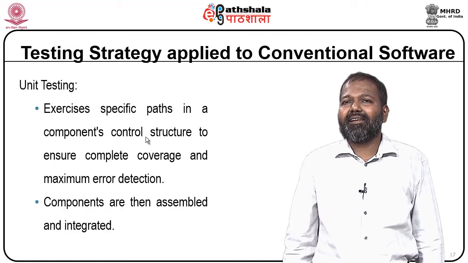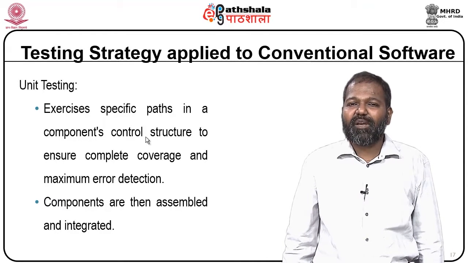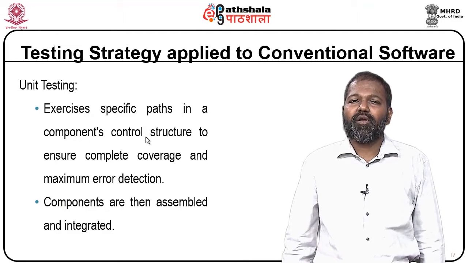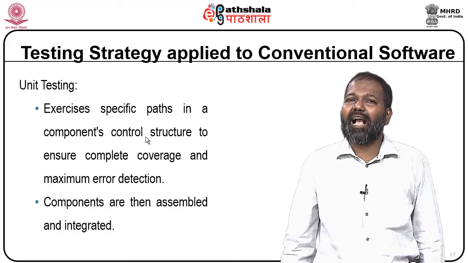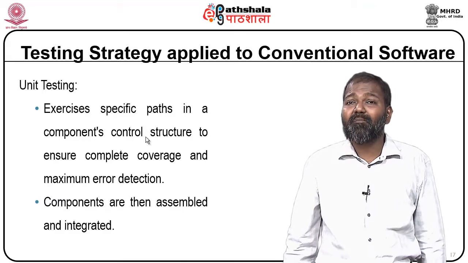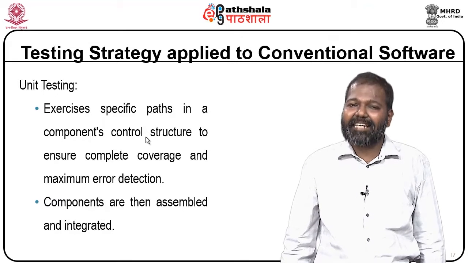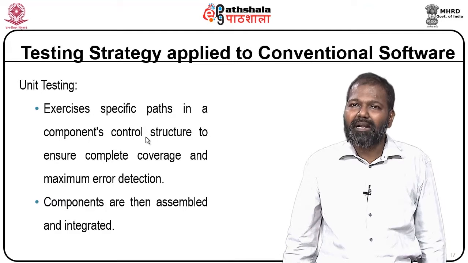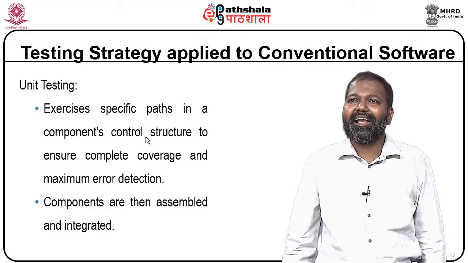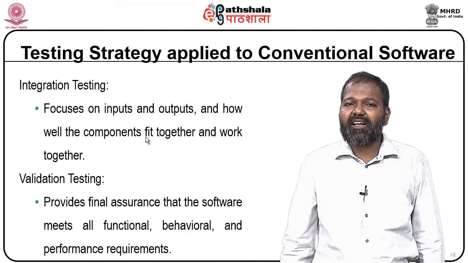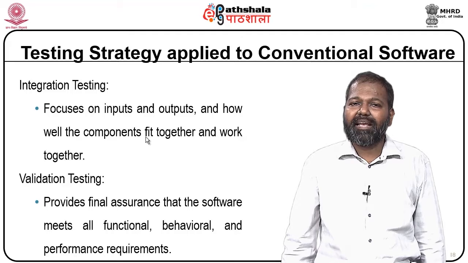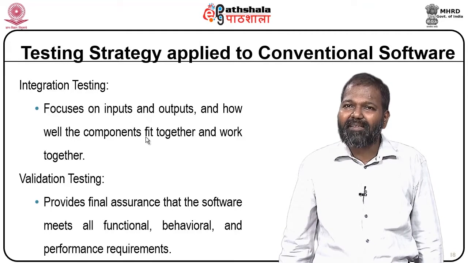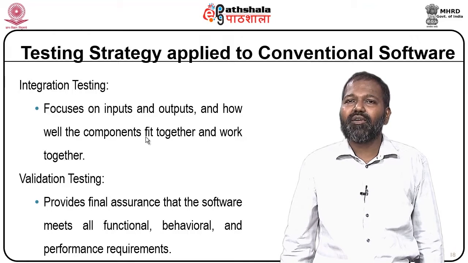Unit testing exercises specific parts in a component's control structure to ensure complete coverage and maximum error detection. Components are then assembled and integrated. Integration testing focuses on inputs and outputs and how well the components fit together and work together.